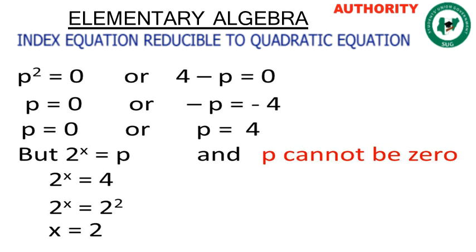Let's reduce the 4 to base 2, so we have 2^x = 2^2. Now they have the same base 2, so we can do away with the base and make use of the exponent. Then we'll have x is equal to 2. Yes, that is it. So in this index equation, x is equal to 2.